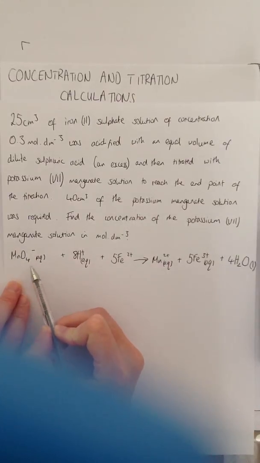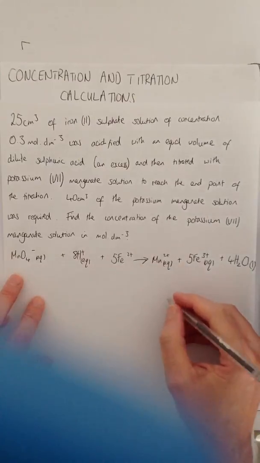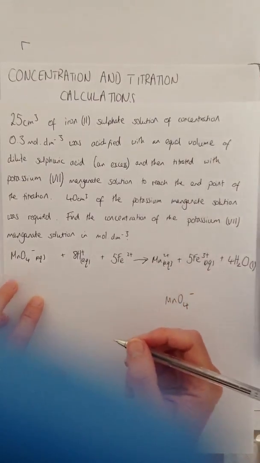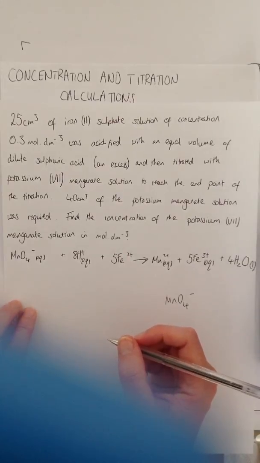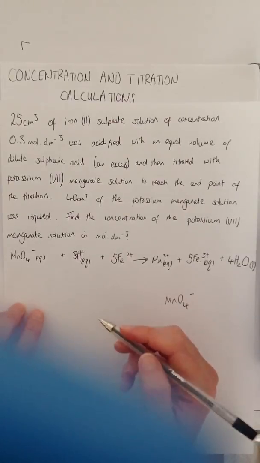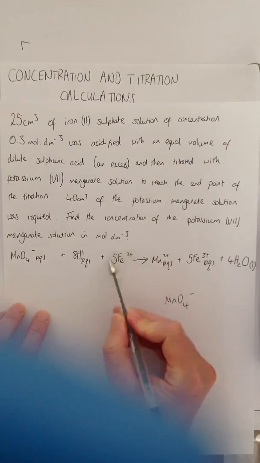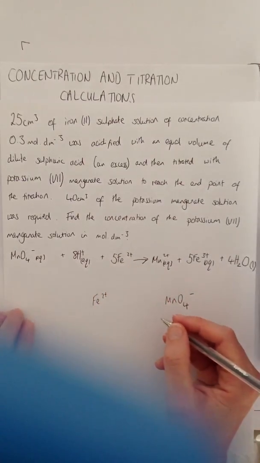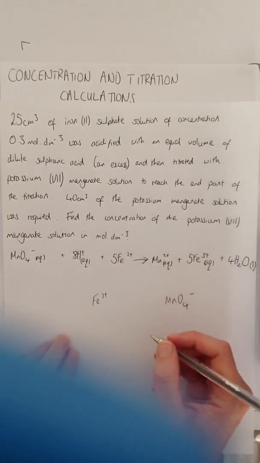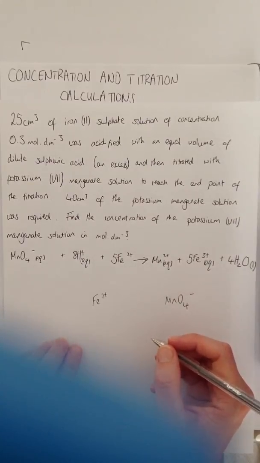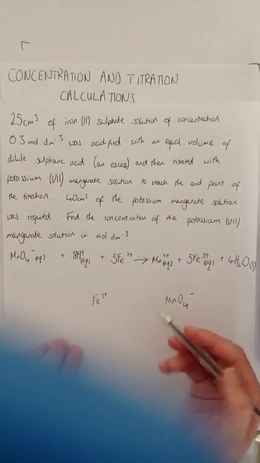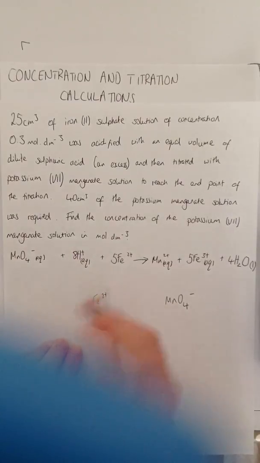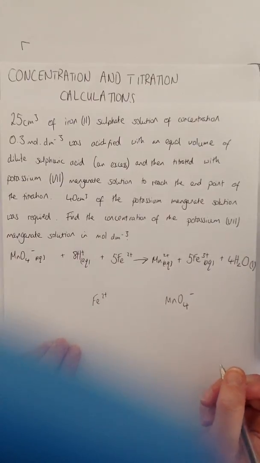And here we see the manganate ion in our ionic equation. We are told about the iron 2 sulphate solution, and we see the iron 2 plus here. We are also told here about the iron sulphate solution being acidified. This refers to the H plus being added here, but for the purpose of our calculation we can ignore this.